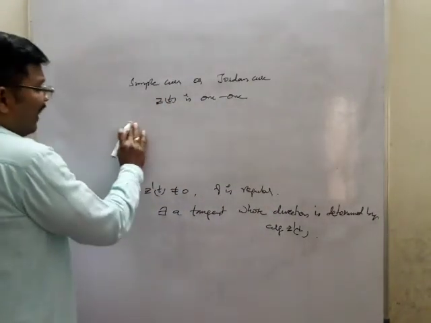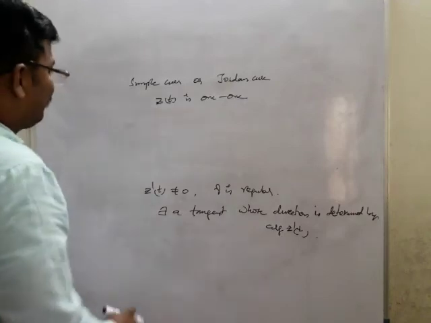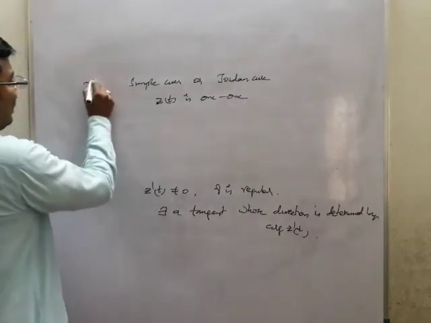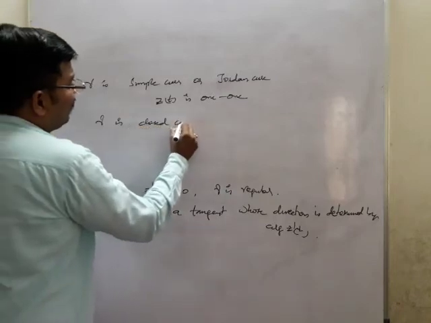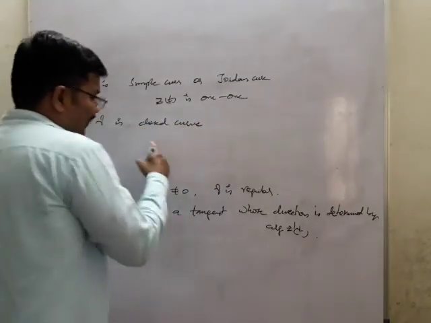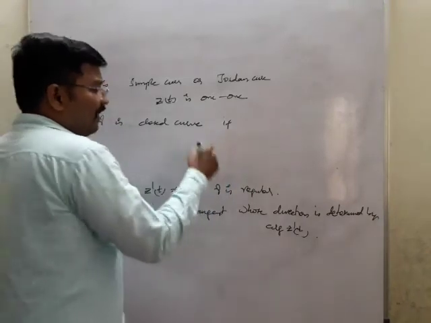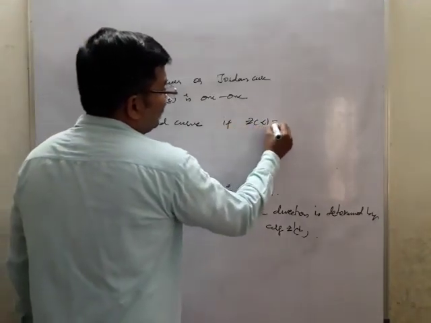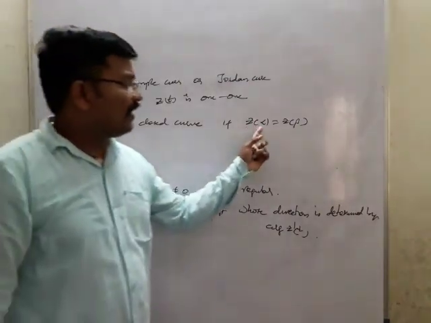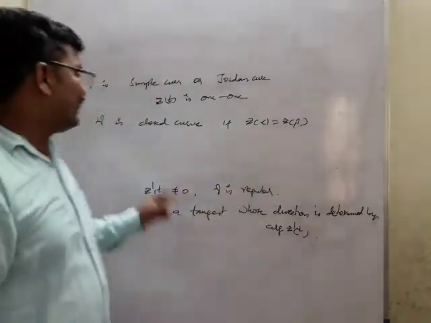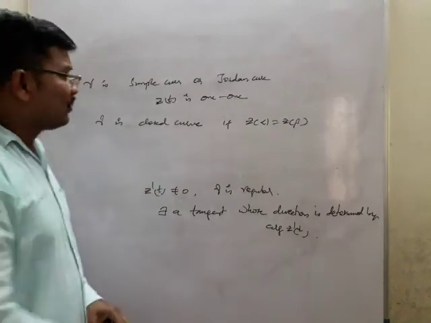And for a simple curve gamma, gamma is said to be a closed curve if and only if z of alpha is equal to z of beta, meaning if the two end points are equal, then we can say that gamma is a closed curve.